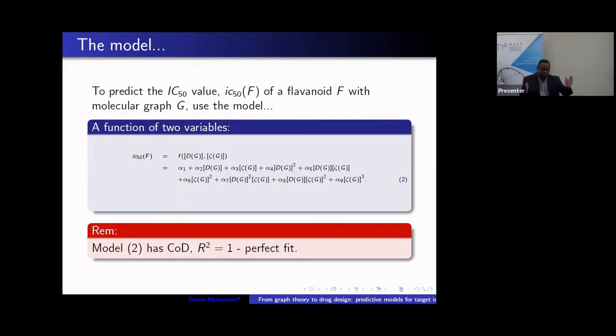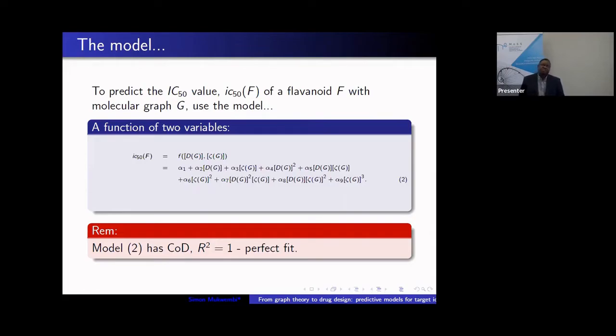So we started off with a chemical compound, represented it by a graph, computed the graph parameters, put them in a mathematical modeling formula, and got the effectiveness of that compound in treating melanoma, in inhibiting the enzyme tyrosinase. And that model actually has a COD value of 1, which is really great.